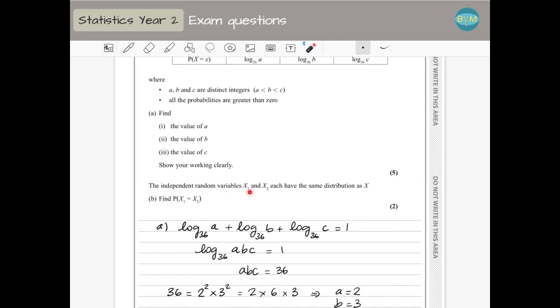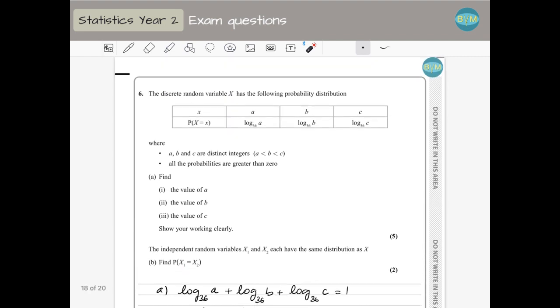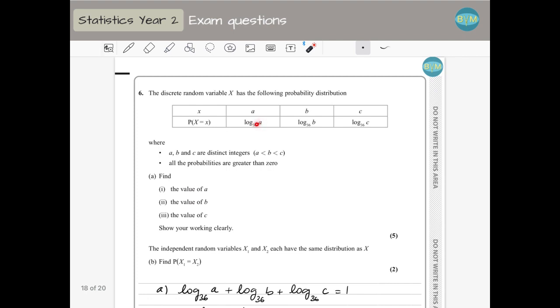And then the independent random variables x1 and x2 each have the same distribution as x. We have to find the probability that x1 is equal to x2. So now that we know a, b and c, we know these probabilities, because we can find the logs. We have a second variable, x2, that is exactly the same, so we will have another table like this one.